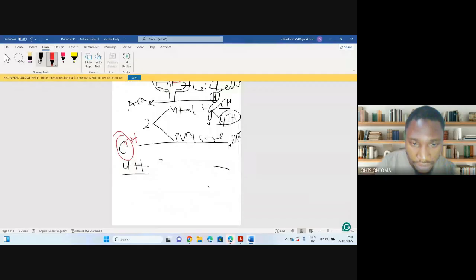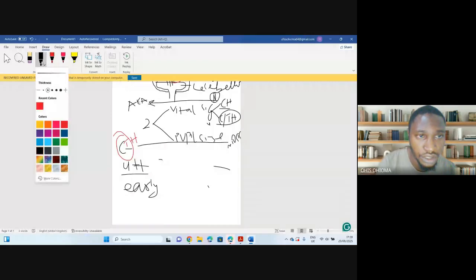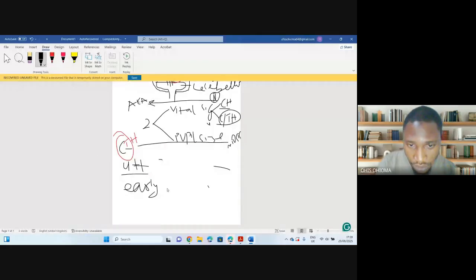In the early part, the patient will present with ipsilateral cranial nerve 3 palsy, right? And then the patient will present with contralateral hemiparesis or hemiplegia.